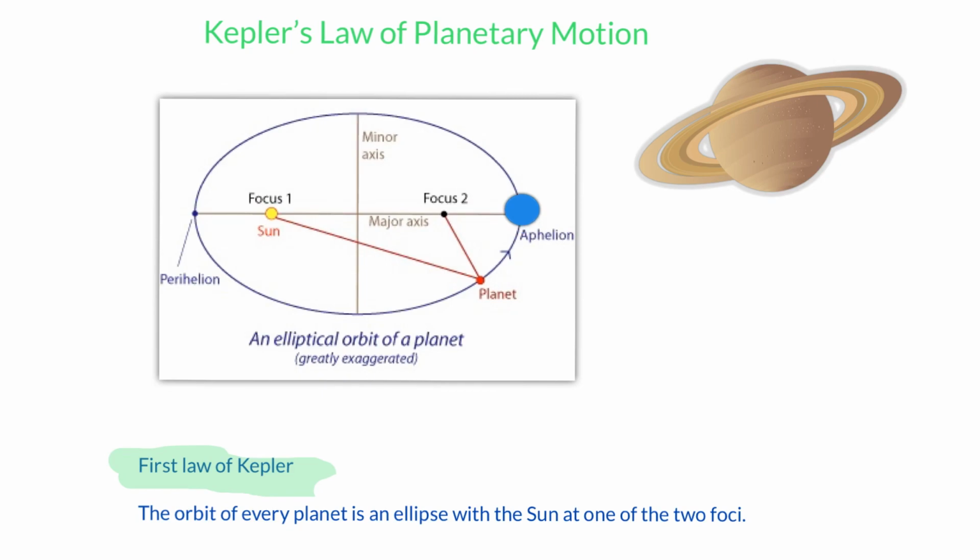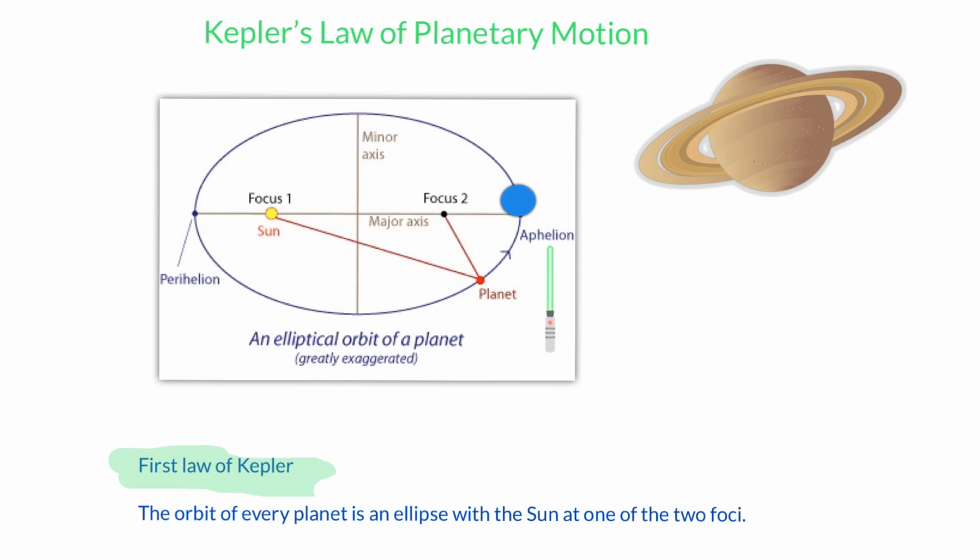When the planet revolves around the sun and reaches over here, you see this distance of the planet from the sun is minimum. That distance is called the perihelion distance. When the planet comes from here to here, this distance becomes the maximum, and that distance is called the aphelion distance.